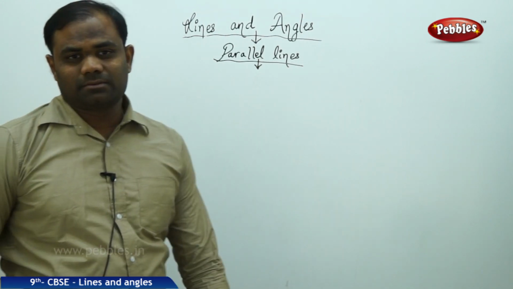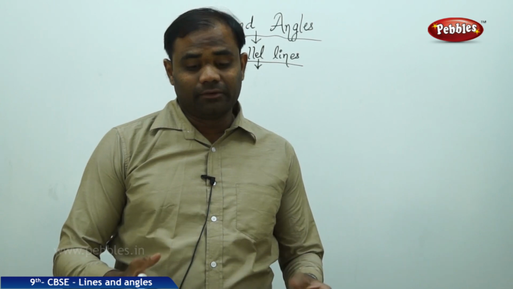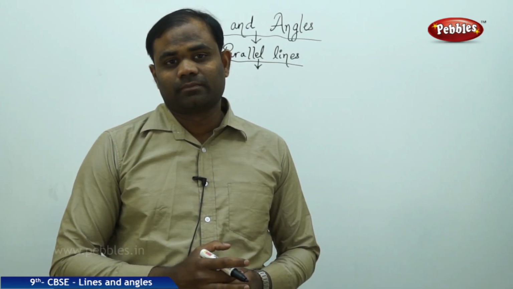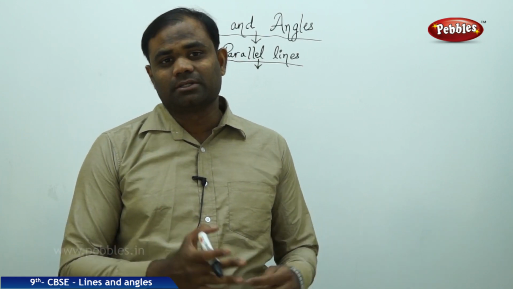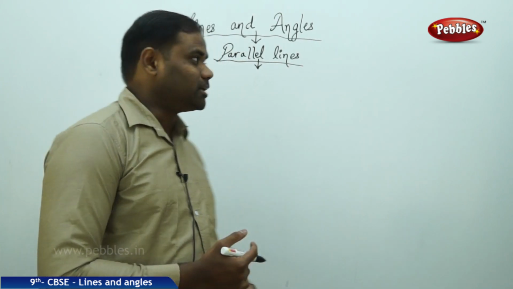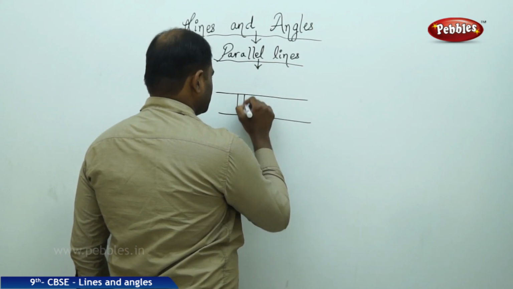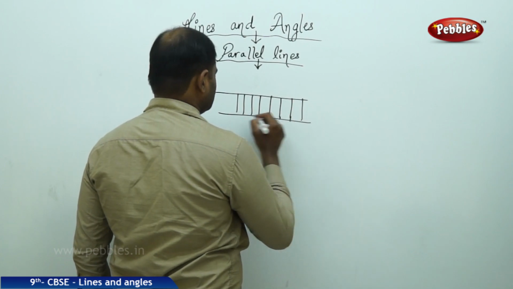What are parallel lines? Imagine we have a railway track in which the two rails are exactly at equal distances. There is no possibility that the two rails meet. So the railway track can be taken as an example of parallel lines which are separated by these grids out here.